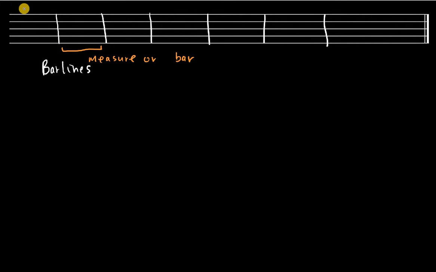So if we count, here we have 1, 2, 3, 4, 5, 6, 7 measures or bars. And of course, at the end of the music, there's always a double bar line. Now that you know these parts, we can move on to the next part.